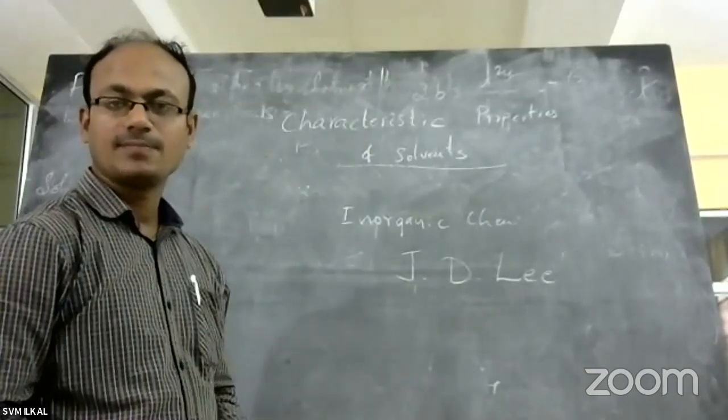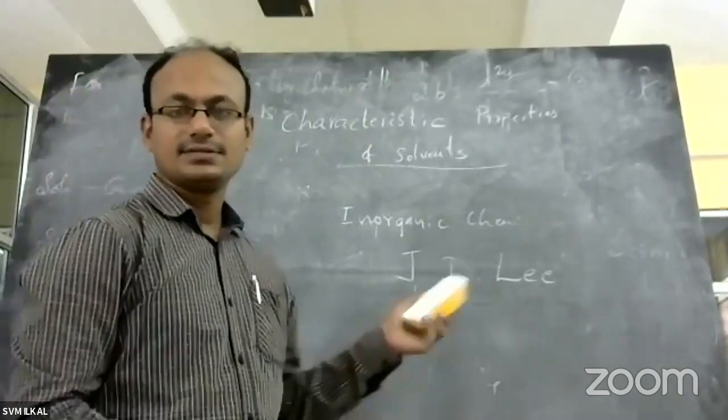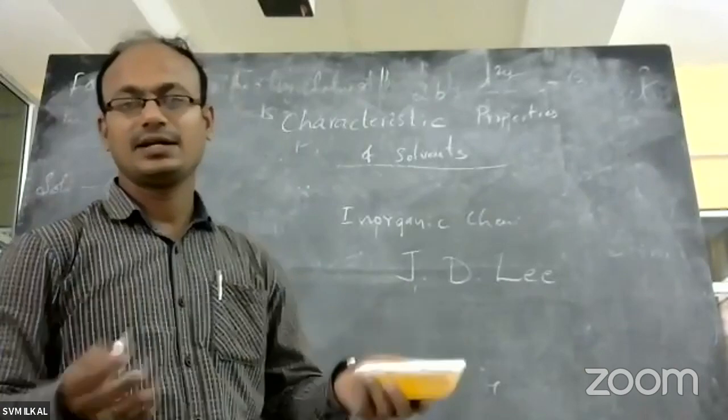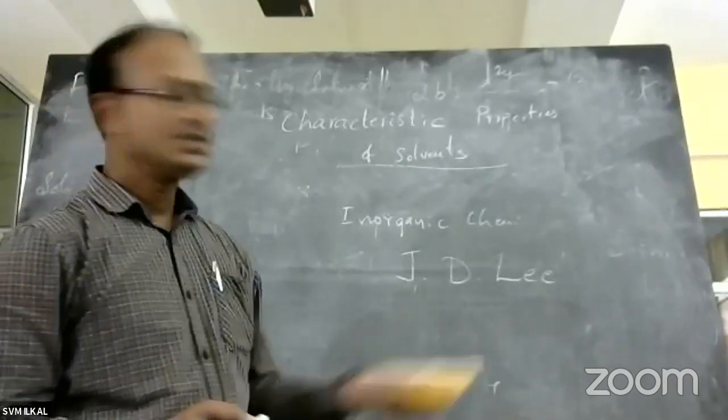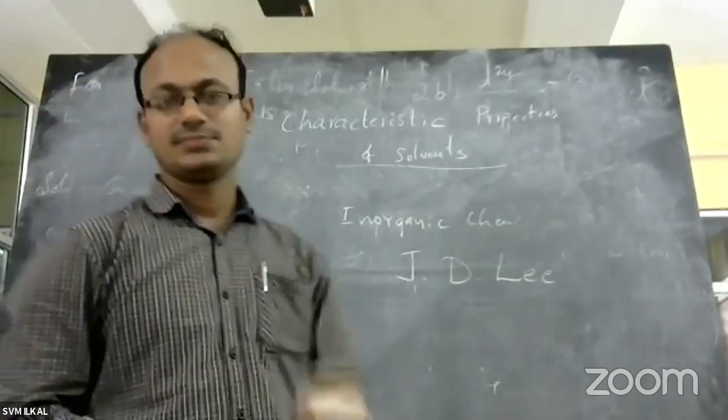Hope you can see the name of the person, that is J.D. Lee. This textbook really gives much more information about the fundamental nature of inorganic chemistry. So try to find this book. You can find this textbook online also.